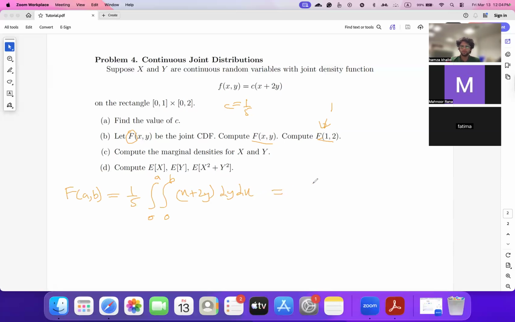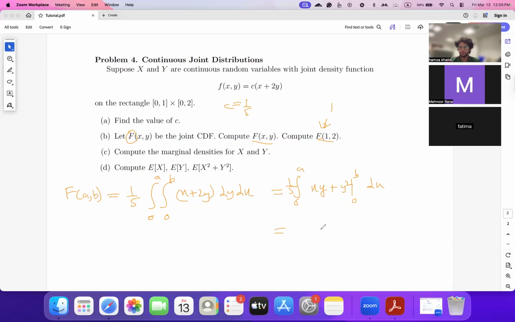What is this equal to? xy plus y squared, again 0 to b, 0 to a, 1 by 5, and dx, right?